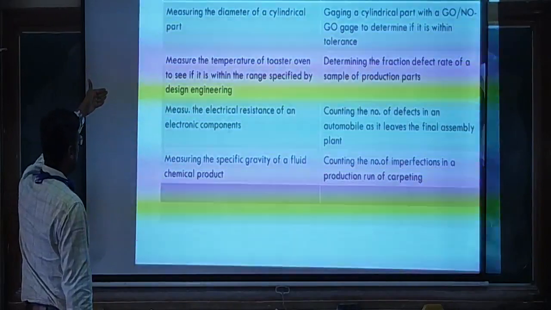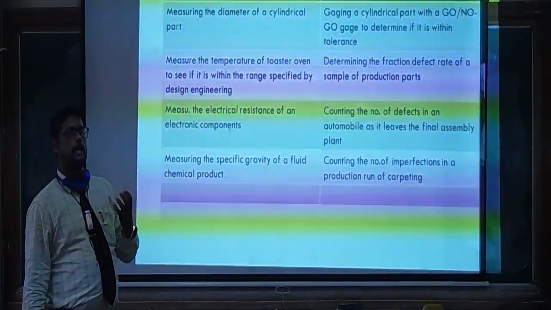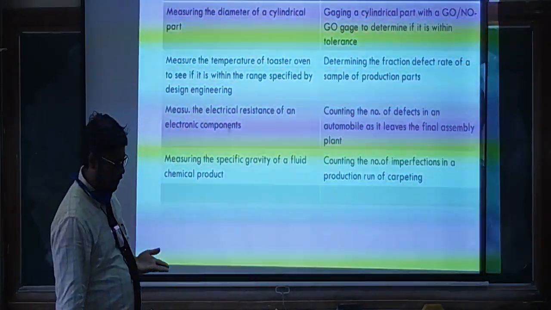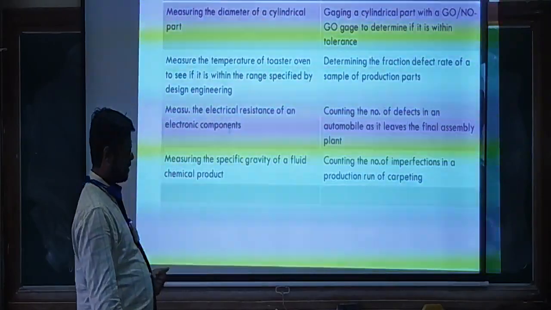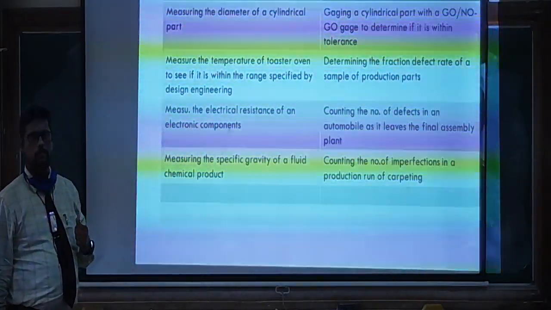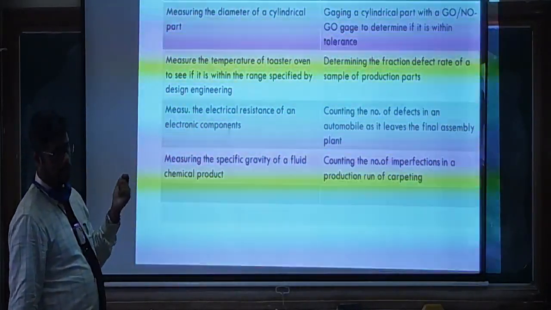So measuring the diameter of the cylinder, this I have explained. You take any diameter, stepped diameter or taper diameter, or with some concave or convex type, or spheroidal type of diameter.